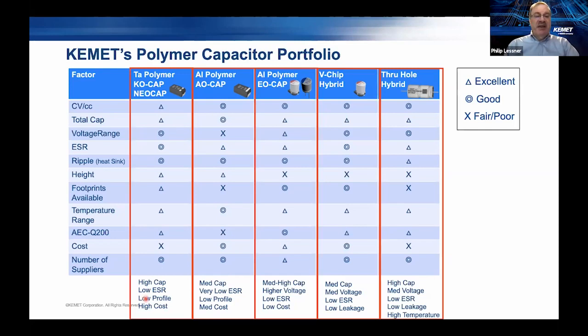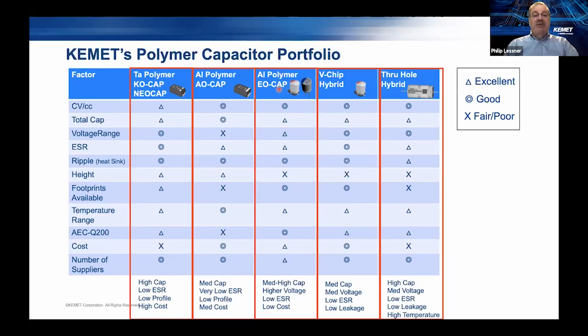We have heights that go below 1 millimeter, but the drawback is they tend to be higher cost. For aluminum polymer capacitors, there are AO-cap, which we also call H-chips. They tend to have less cap than the tantalum polymer, but they're capable of very low ESRs and also available in low profile configurations down to about 1.2 millimeter.